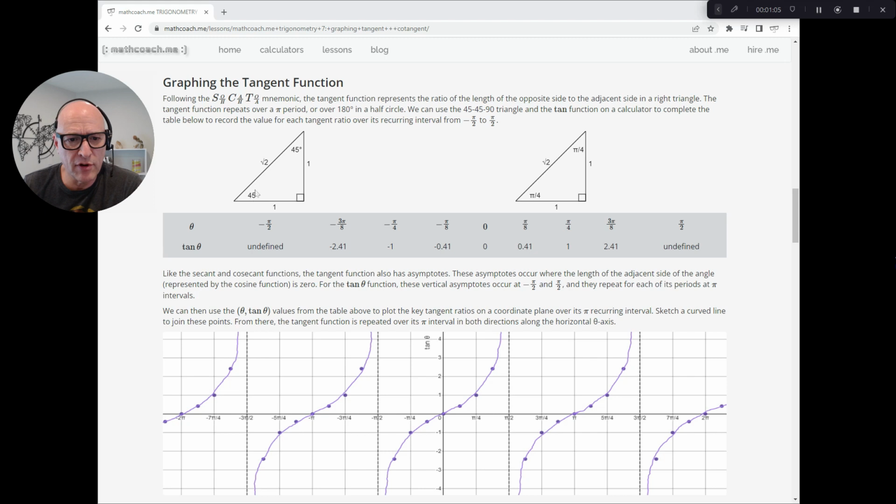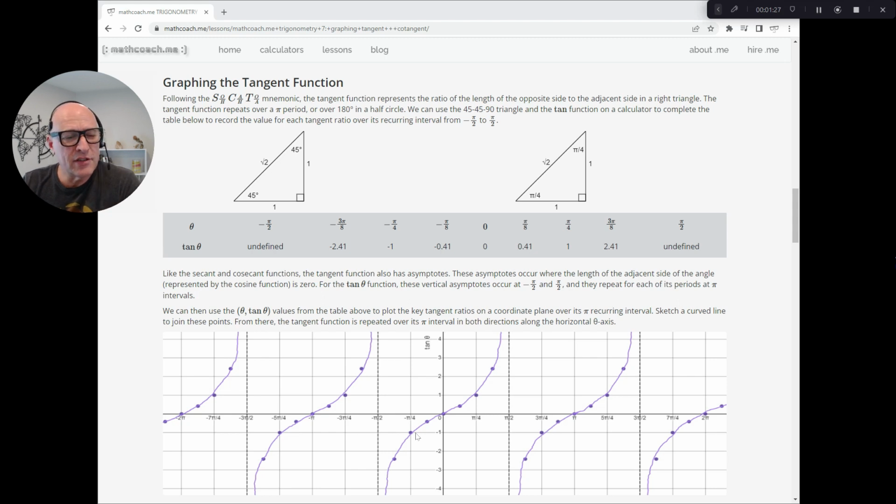Here's my 45, 45, 90 triangle, and the tangent ratio is opposite over adjacent, so 1 over 1 is 1. So the tangent of 45 degrees is 1, so I can plot that point, and the corresponding negative 45 degrees is negative 1, so I can plot that point.